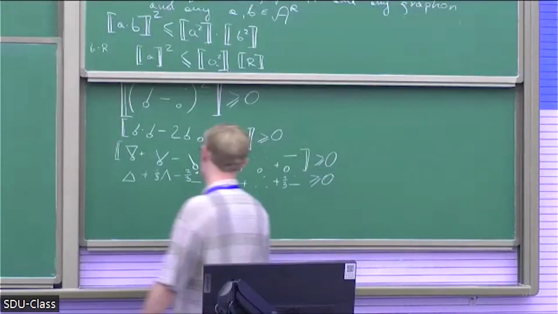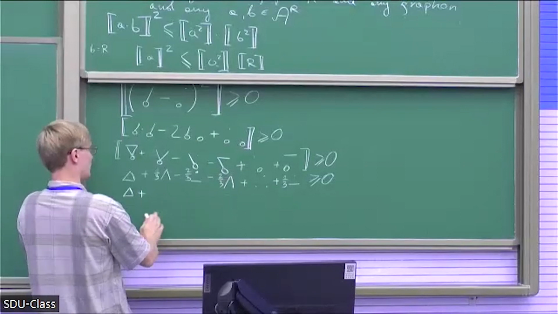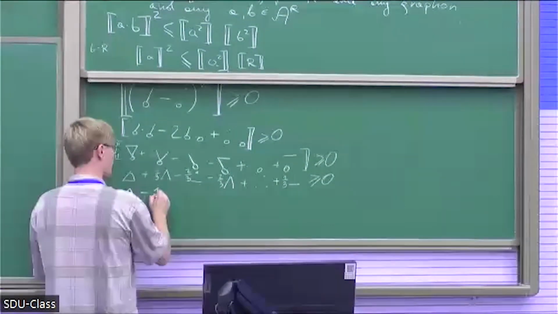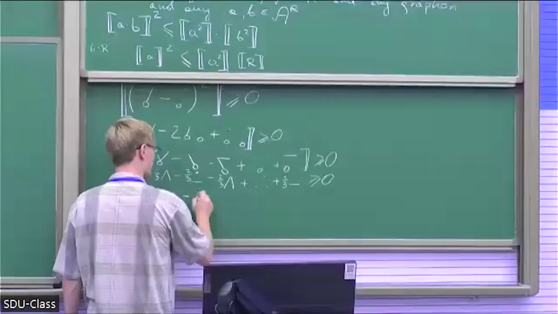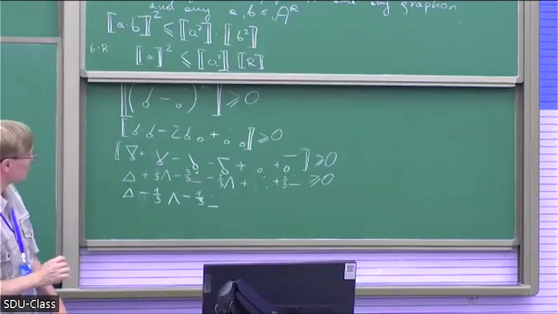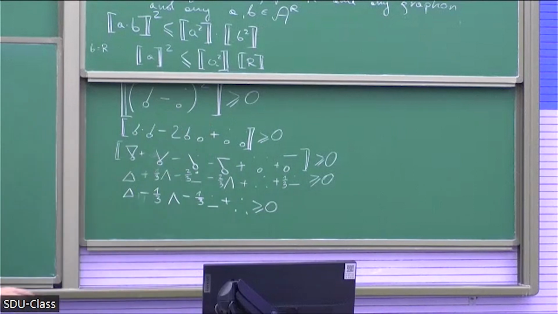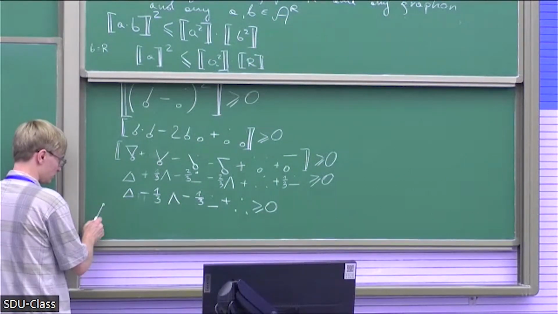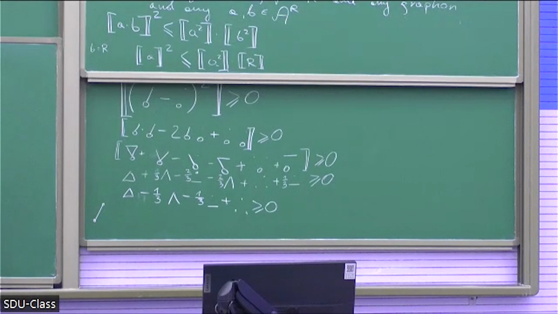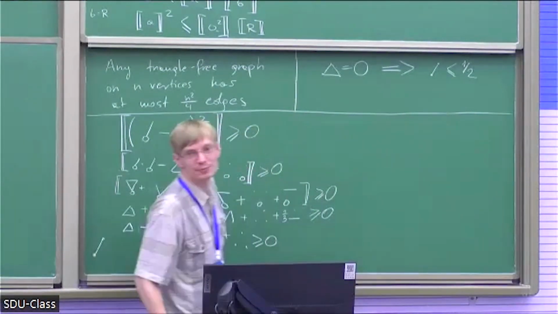Okay, so I obtained such an inequality. Let me group it. So it's triangle minus 1/3 of the cherry, minus 1/3 of this graph, plus 3 independent vertices. But what's my goal? My goal is to bound the density of edges, right?